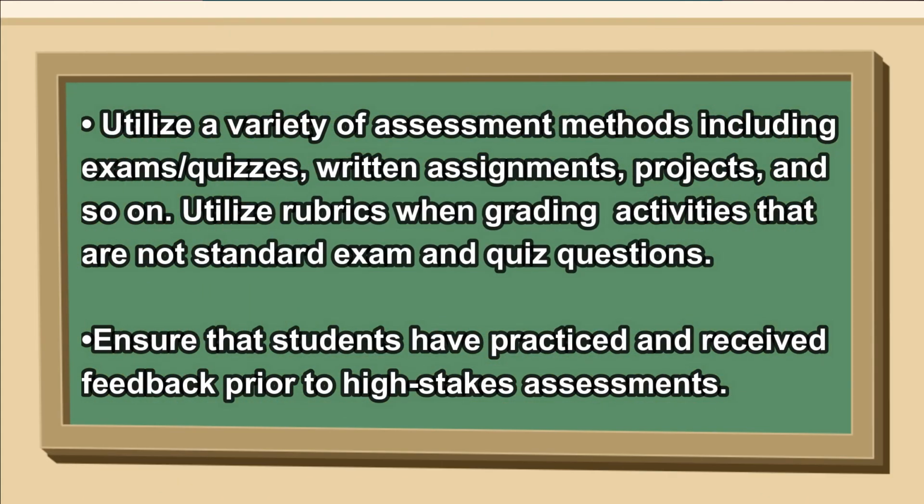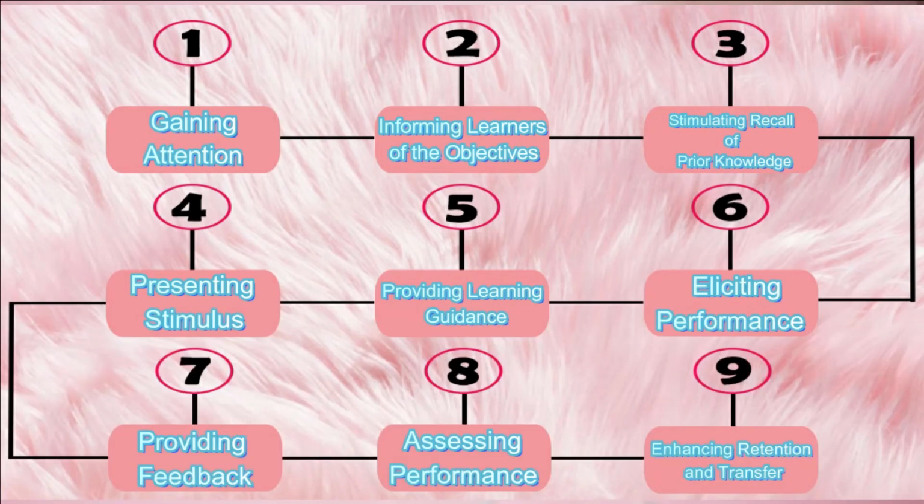First, utilize a variety of assessment methods, including exams or quizzes, written assignments, projects, and so on. Utilize rubrics when grading activities that are not standard exam and quiz questions. Second, ensure that students have practiced and received feedback prior to high-stakes assessments.